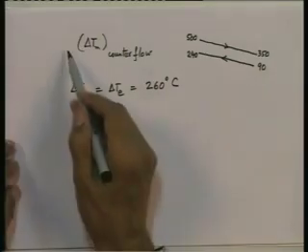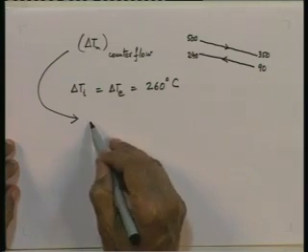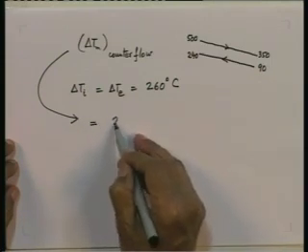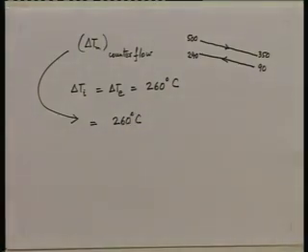So, delta T m counterflow will be equal to the same. Delta T m counterflow will also be equal to 260 degrees centigrade. This is the case of the two temperature profiles being parallel to each other. This is that special case which we talked of earlier.